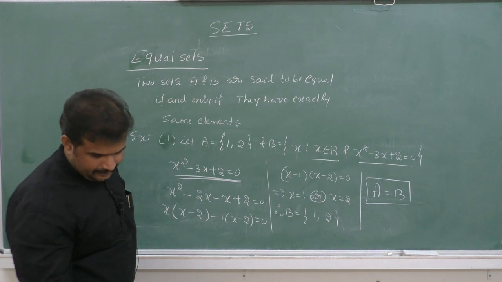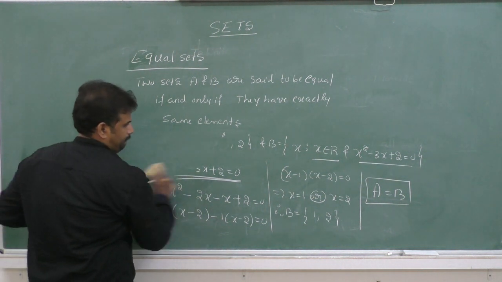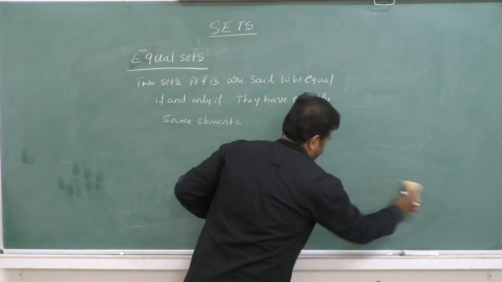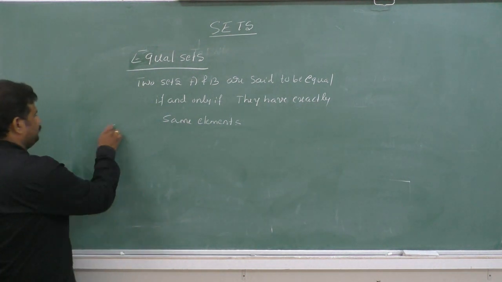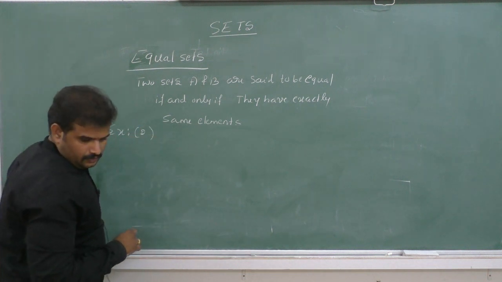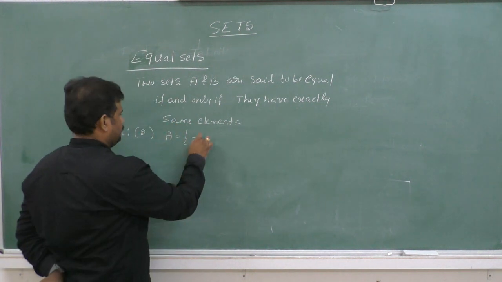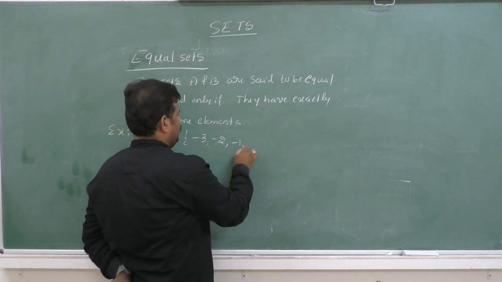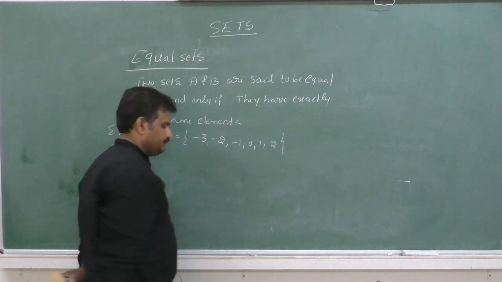Let us take one more example. Let A is equal to {minus 3, minus 2, minus 1, 0, 1, 2}.